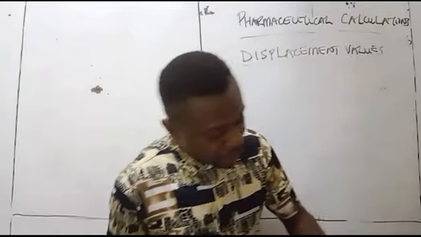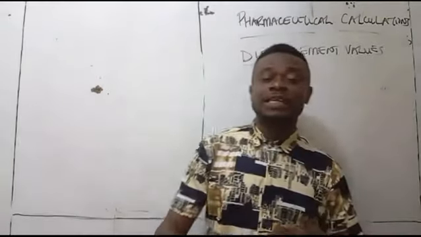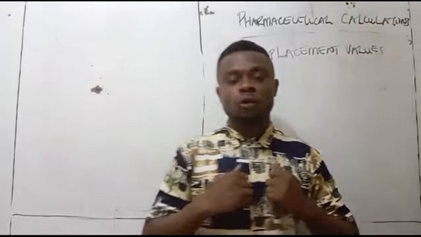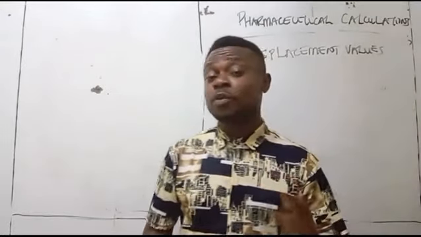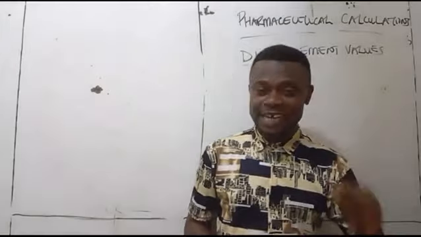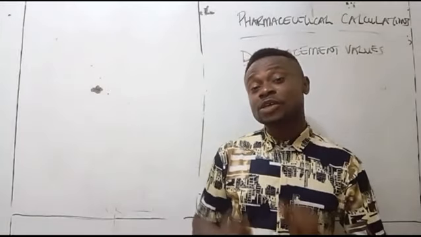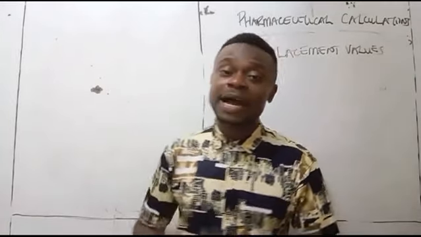So if the displacement value of a substance is 2.7, what it means is that 2.7 grams of that substance will displace 1 gram of theobroma oil.